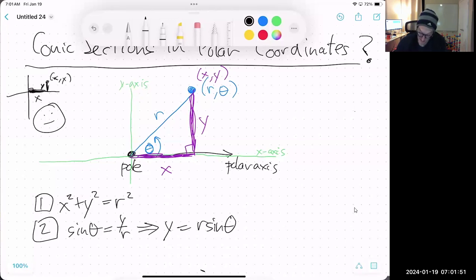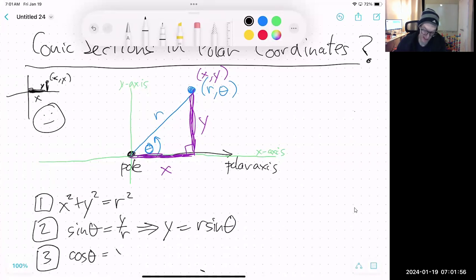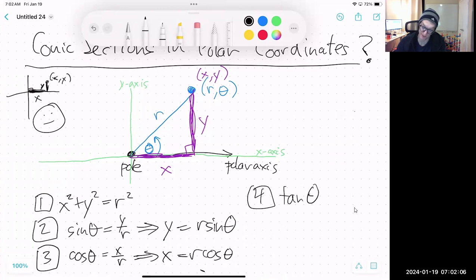And then it's also true that cosine theta is x over r, so that x is r cosine theta. And then it's also true that the tan of theta is y over x. Okay, and so these are sometimes called conversion formulas or something like that.